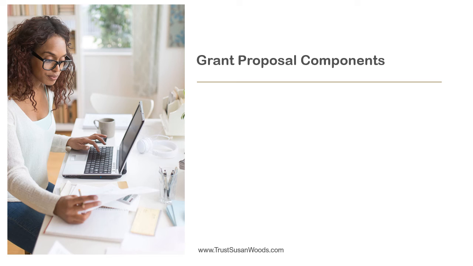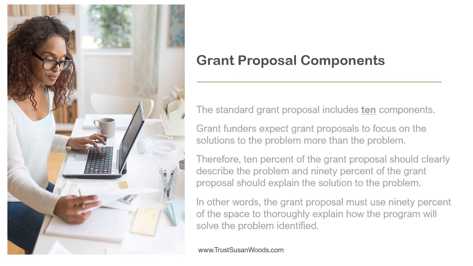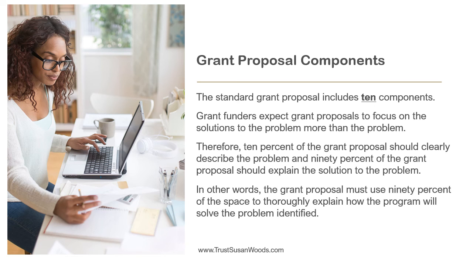What are the grant proposal components? Well, here we are. The standard grant proposal includes 10 components. Grant funders expect grant proposals to focus on the solutions to the problem more than focusing on the problem.